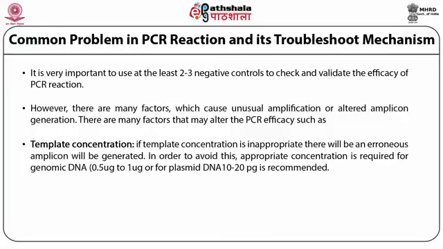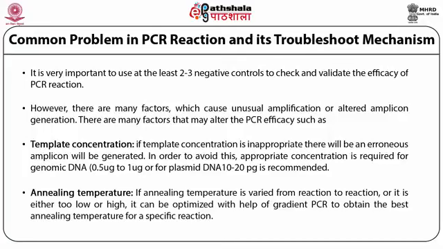If template concentration is not in the appropriate range, there will be erroneous amplification and the resultant amplicon is not properly visible. Annealing temperature. If annealing temperature is varied from reaction to reaction, or if the primer is too big or too small, it can also interfere in the PCR reaction.